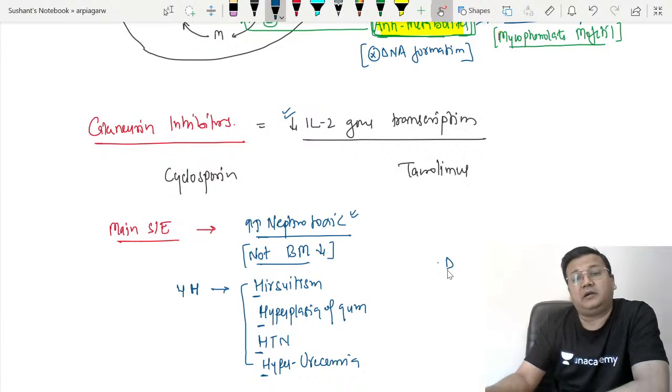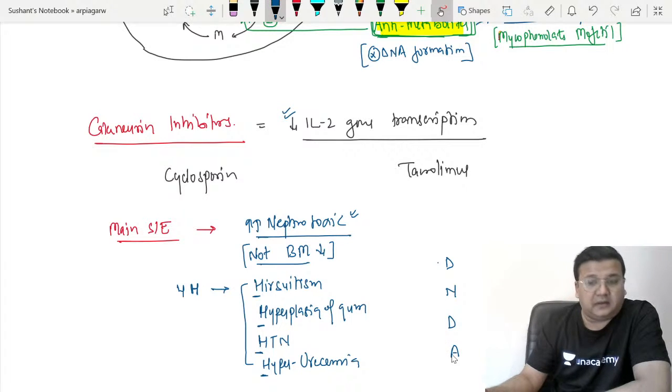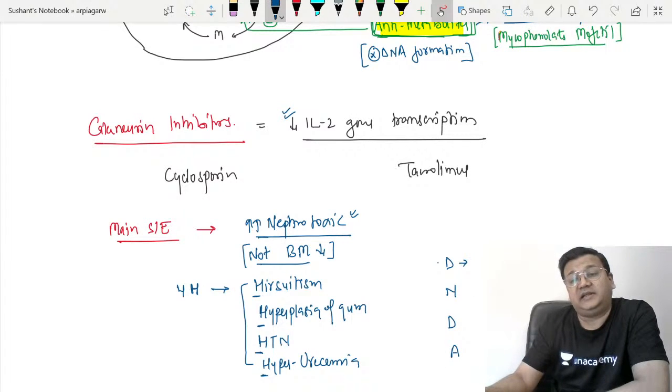While you can remember DNDA. D stands for diabetes, that is hyperglycemia. N stands for neurotoxicity. D again is diarrhea, and A is alopecia.